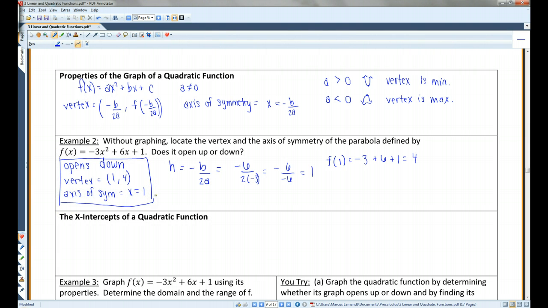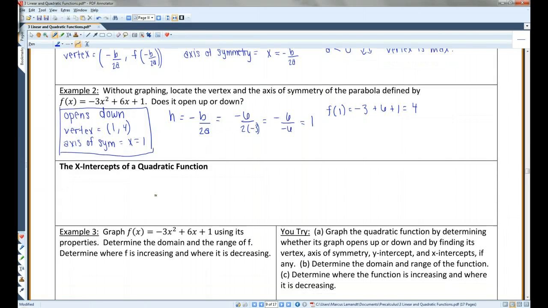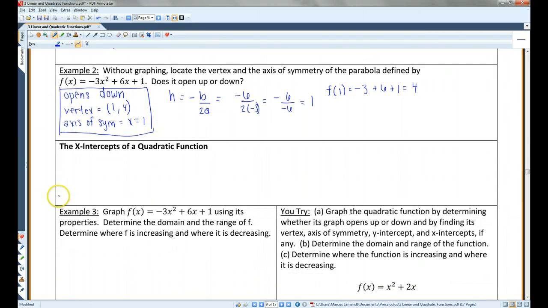The x-intercepts of a quadratic equation. If you guys remember, the discriminant is that part of the quadratic formula that is under the radical.